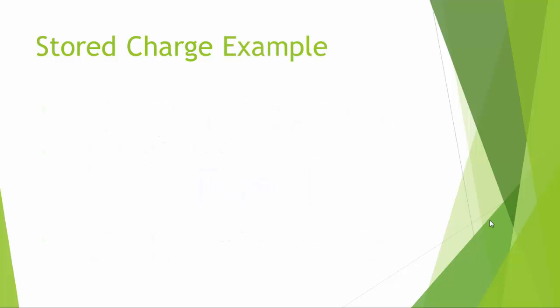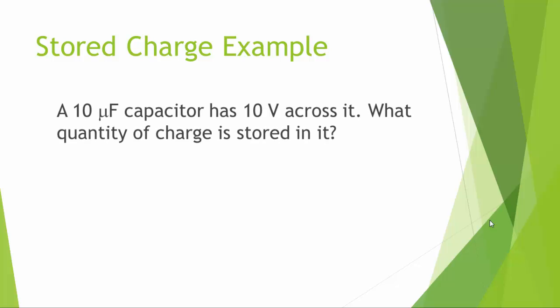So if we want to take a quick example of storing charge this way, if we have a 10 microfarad capacitor and we put 10 volts across it, we can calculate how much charge will be stored inside it. So C equals Q over V. We can rearrange this to get Q equals CV.